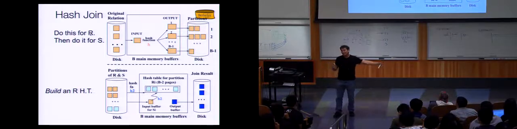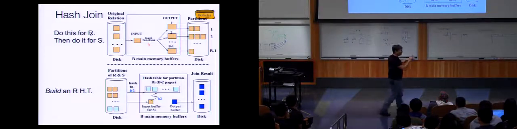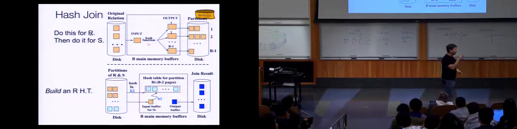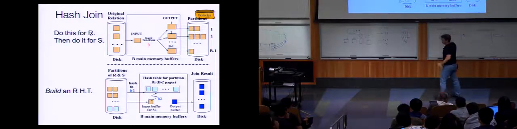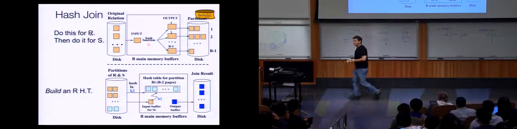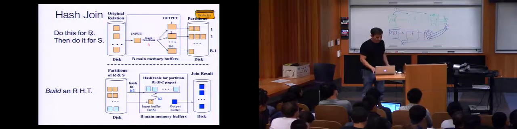And S you don't need to recursively partition. You partition it once, and you just stream the results past. So it's quite nice if your tables are two different sizes. You hash both of them into partitions, and then you bring in the main memory hash table on the little guy and stream the big guy past. Okay?